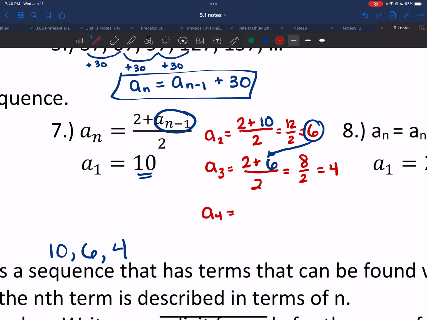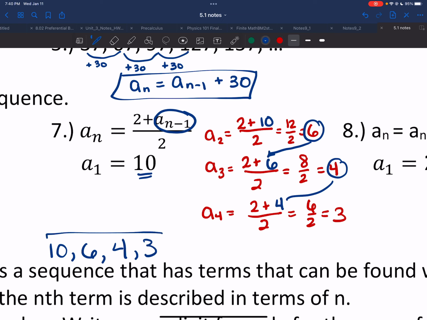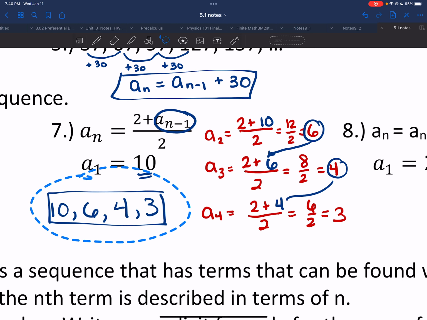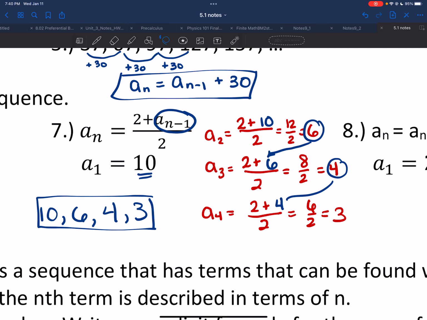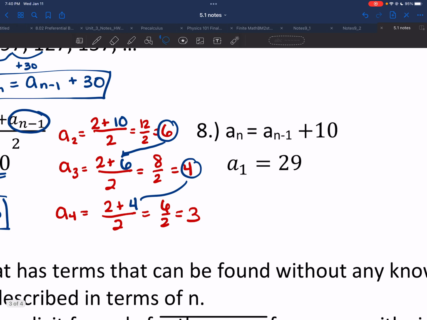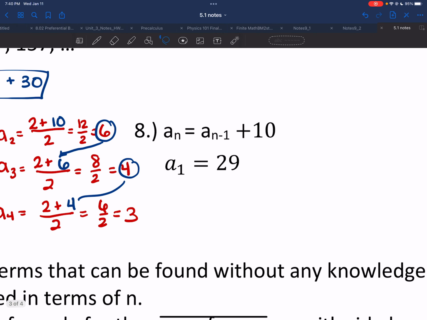A4 equals 2 plus, I'm going to take the 4 and then over 2. So I have 6 over 2, which is equal to 3. So the next one on my list is 3. So I have 10, 6, 4, and 3.